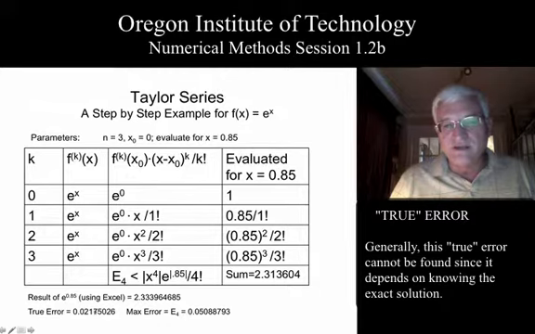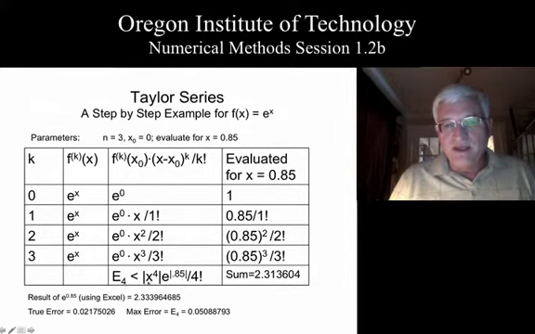So if instead we chose to use the 4th Taylor term, and we chose to plug in zeta, the unknown zeta, to be 0.85, we would get this E4 term of about 0.05, clearly bigger than the true error.